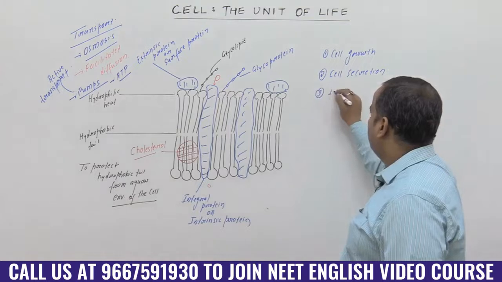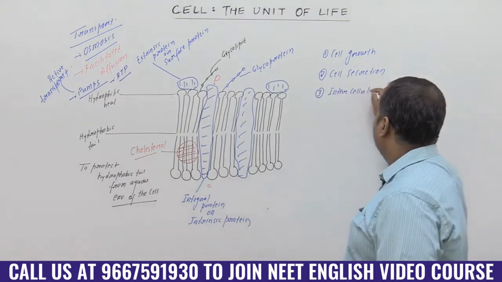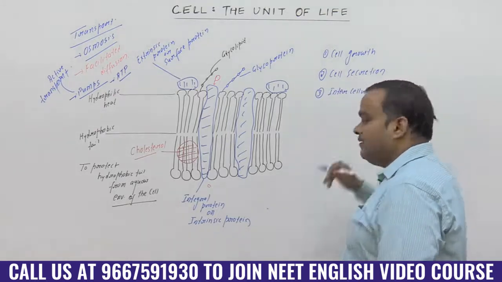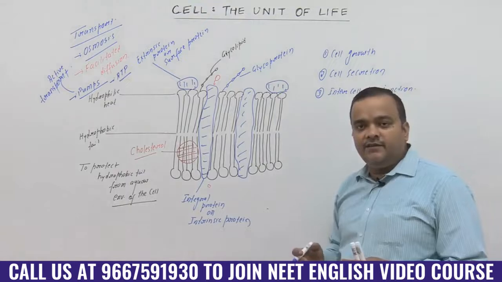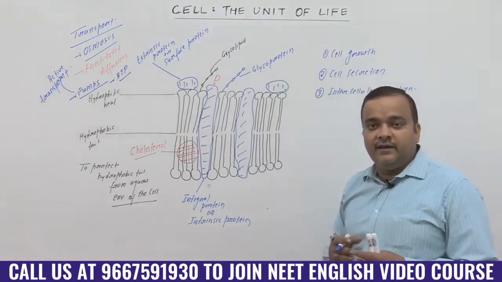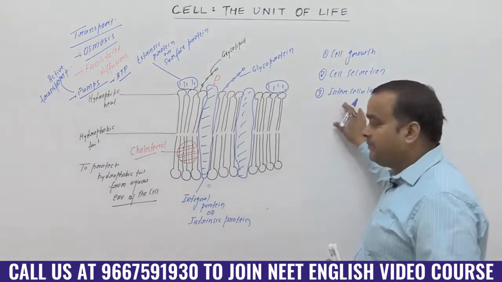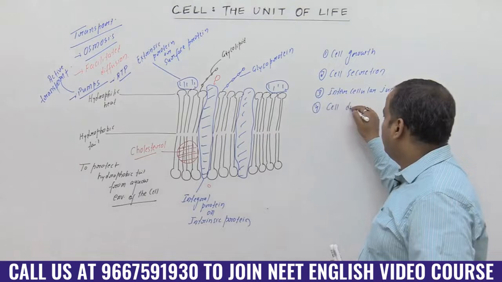Third, formation of intercellular junctions. In animals, in zoology, in the chapter on tissues, you will study there are various kinds of junctions, tight junction, gap junction, and they are formed by the membrane. Next, cell division.